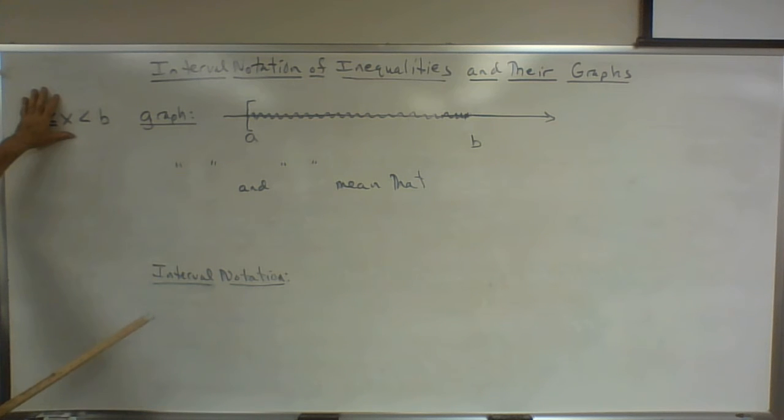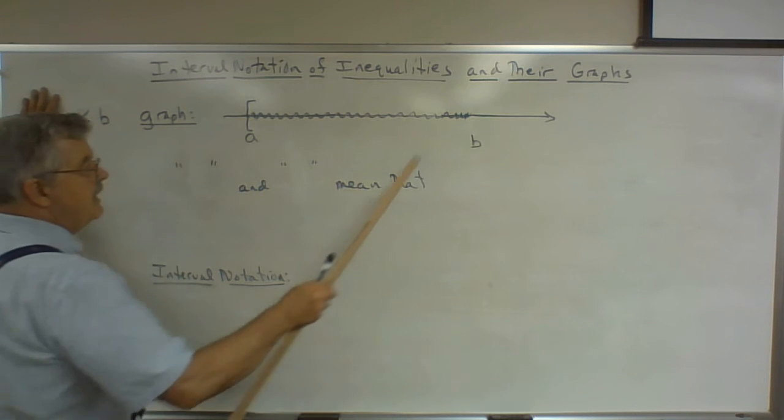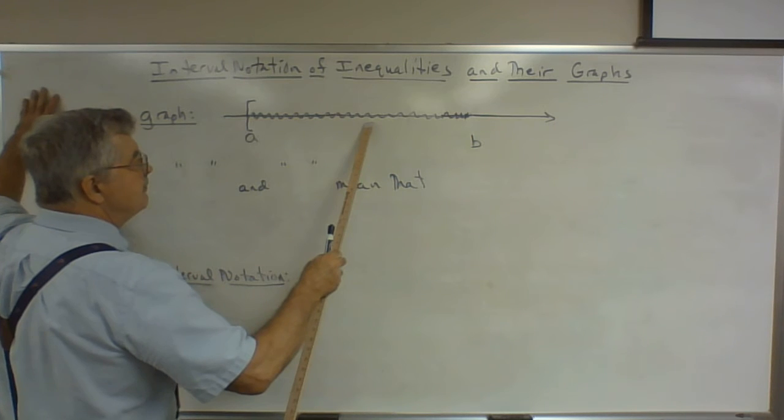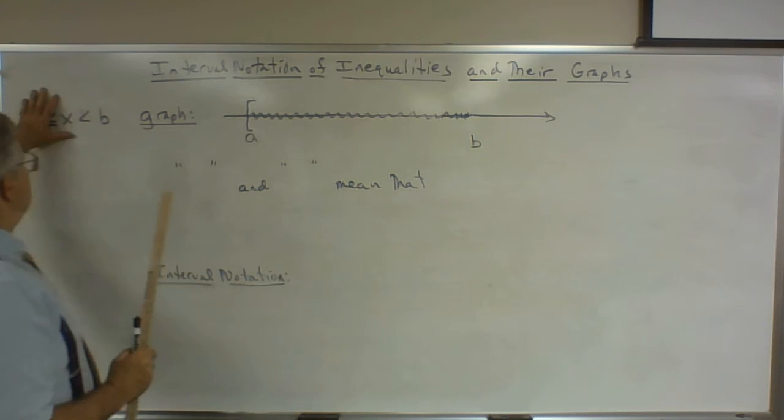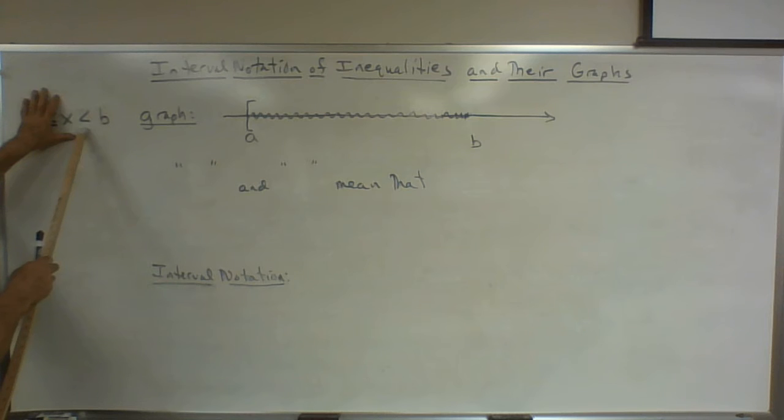Now let's look at this part of the inequality. X is less than b. So the elements of the solution set have to lie to the left of b. And notice it doesn't say that x can be equal to b here, does it? It just says x is less than b.